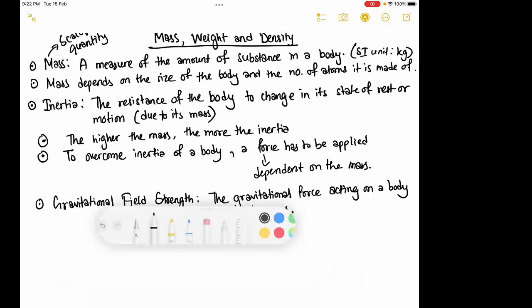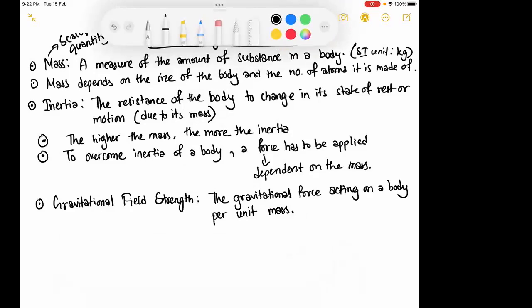On Earth, for now we will take it as a constant, so 10 Newton per kilogram. And on the moon, it is much less, which is 1.6 Newton per kilogram. These are very approximate values, of course, but it's okay to learn 10. Usually it's 9.81.